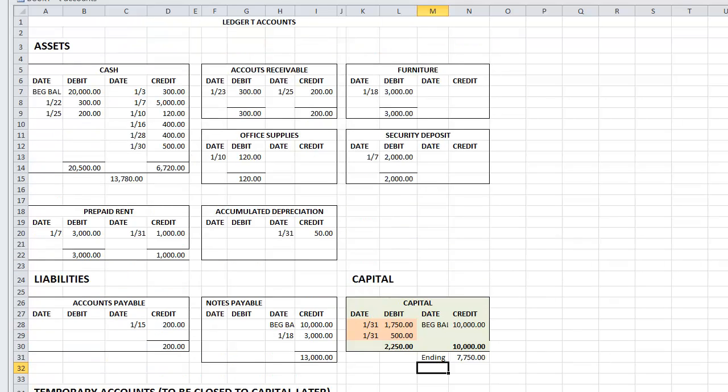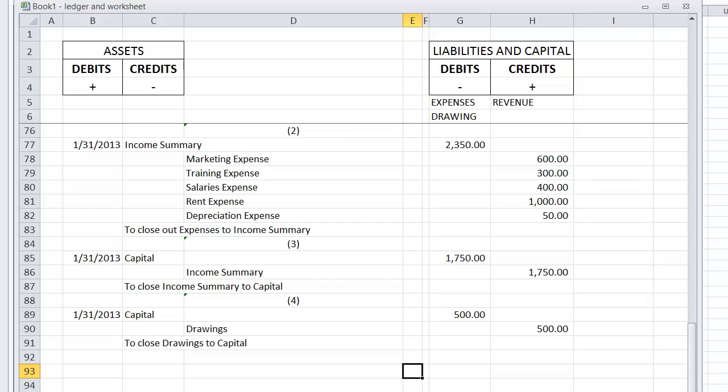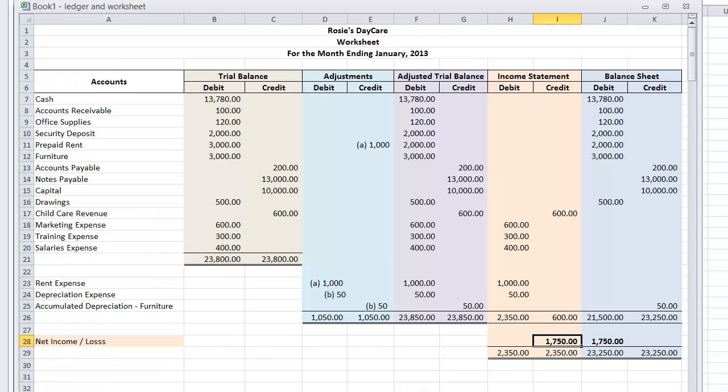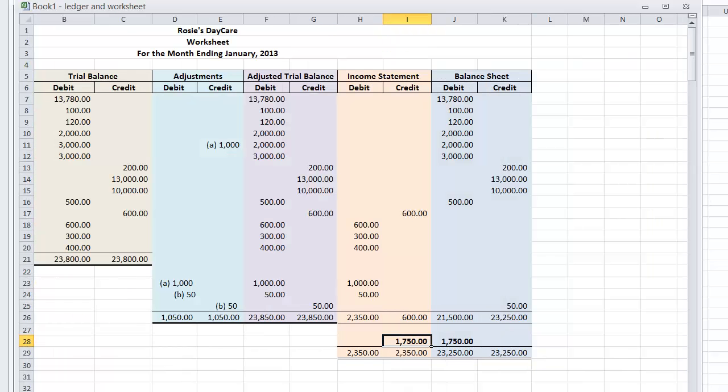So now what we have to do is create an income statement and balance sheet from these accounts here. But we actually have this already here, because on the income statement we have to put revenues and expenses, and on the balance sheet we actually have to just take this one and close it out to this one, which we did already.